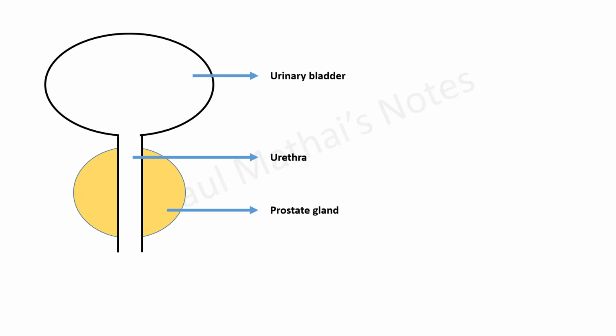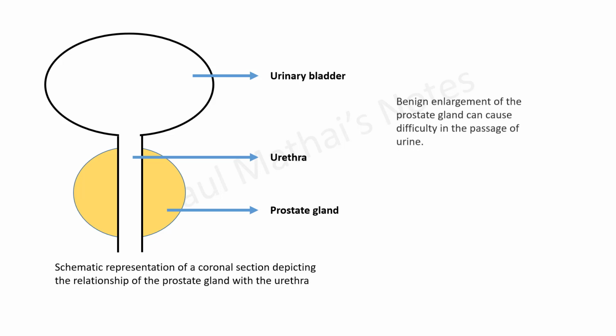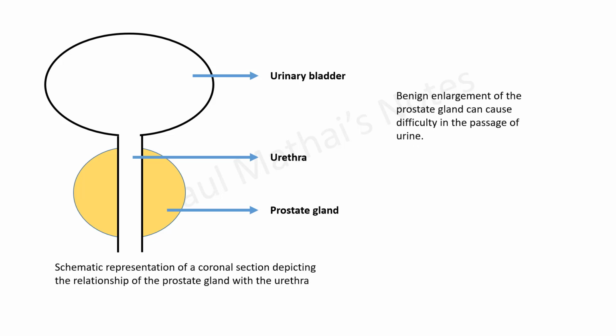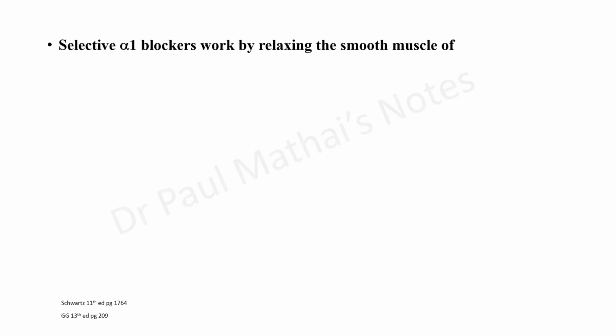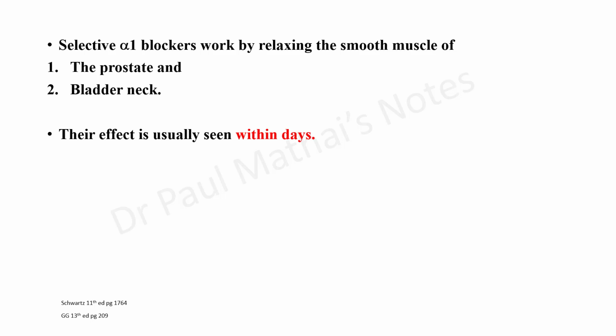It surrounds the urethra. So, benign enlargement of the prostate gland can cause difficulty in the passage of urine. Selective alpha 1 blockers work in these patients by relaxing the smooth muscle of both the prostate gland and the bladder neck, and their effect is usually seen very quickly within days.